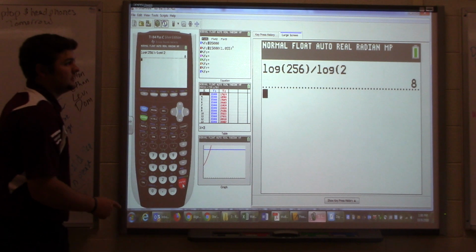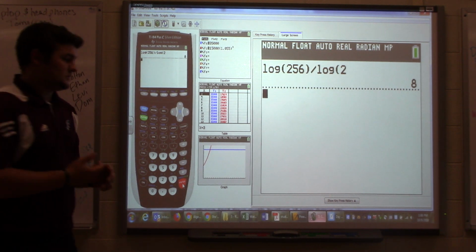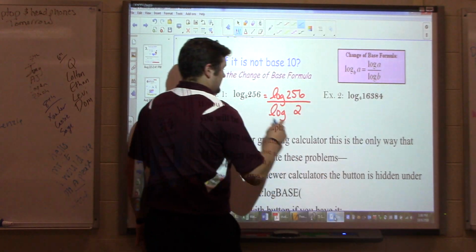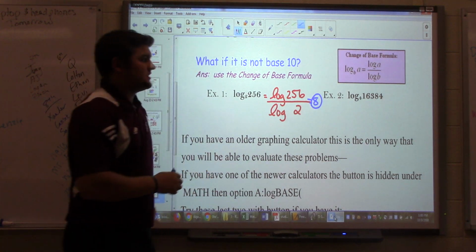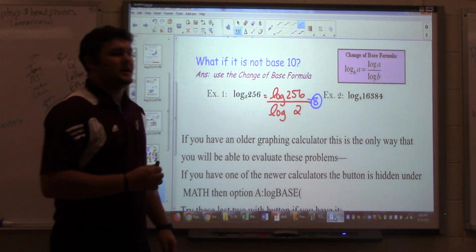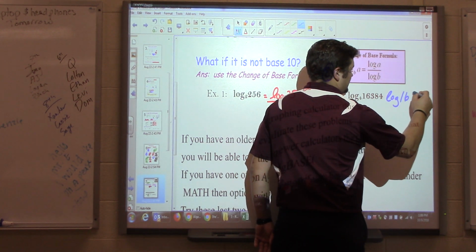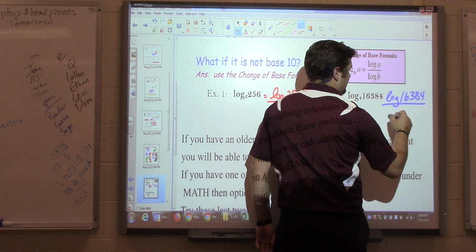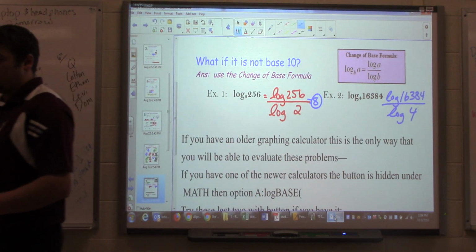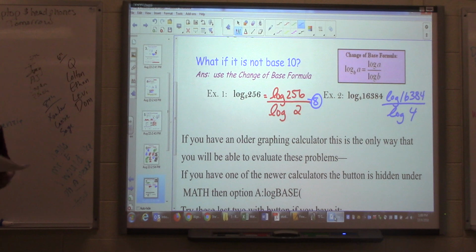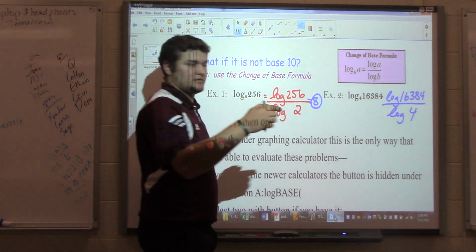Hit enter. We should get 8. You all get 8? Awesome. Same thing for log base 4 of 16,384: log of 16,384 over log of 4. Do the change of base, log of what you're taking the log of over log of your base. Did anyone get an answer for that one? 7.